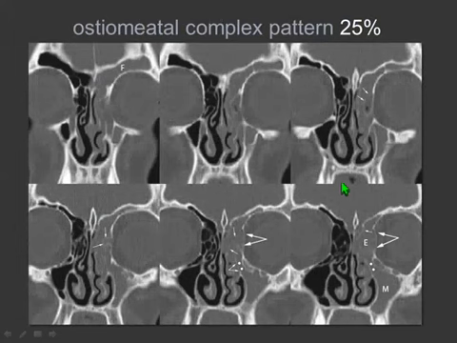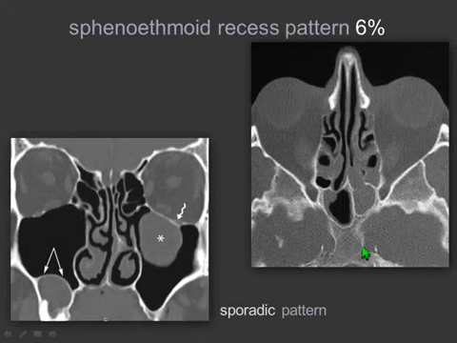When the osteomeatal complex is blocked by the thickening of the mucosa, then you can have 3 different sinonasal cavities simultaneously filled by mucus: the maxillary sinus, the frontal sinus, and then the anterior ethmoidal sinus. In this case, of course, you are looking at the common path, which is the middle meatus, and you see that also at that level the mucosa is thickened.